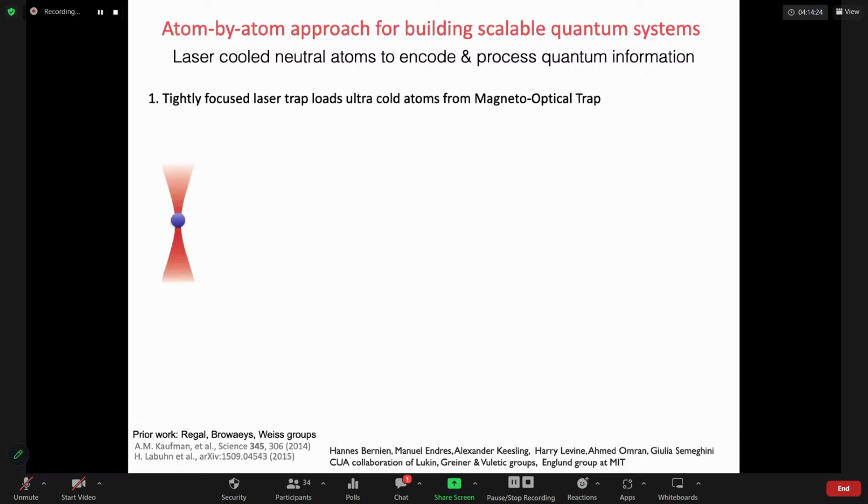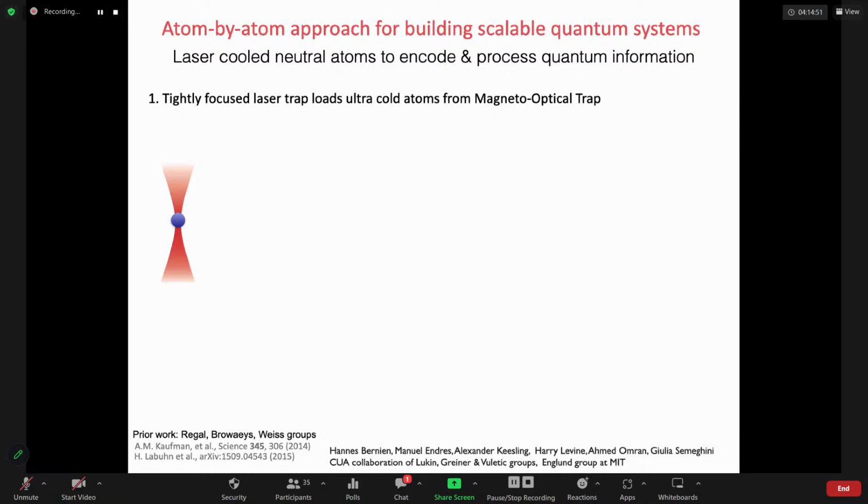It's a tightly focused laser beam, and each focused beam can attract dielectric objects to the point of highest intensity. Atoms are dielectric objects, and we will focus these beams so tightly that each tweezer can host at most one atom. Two atoms cannot fit inside; they would be ejected.